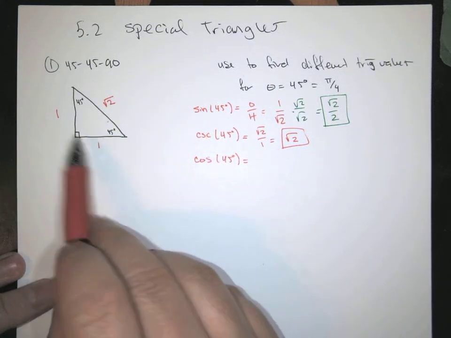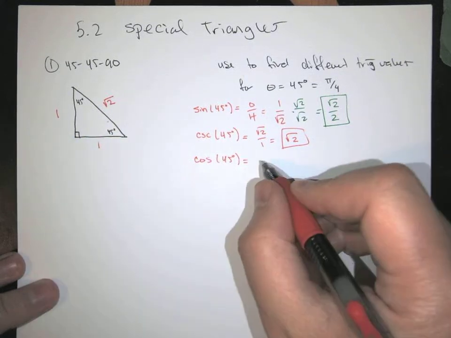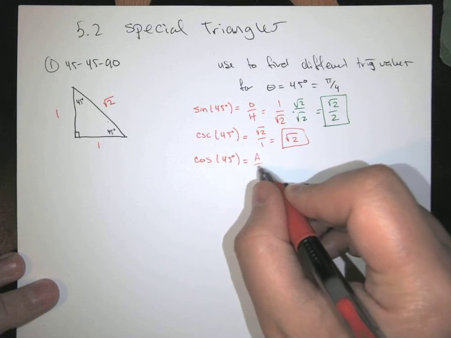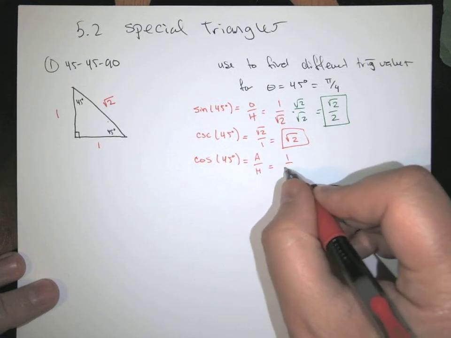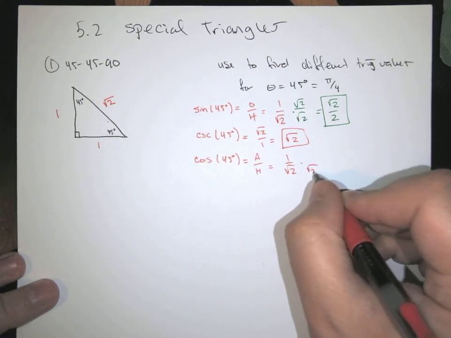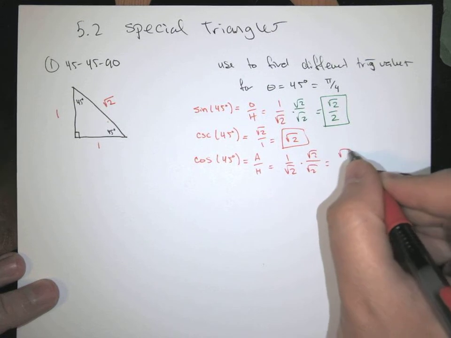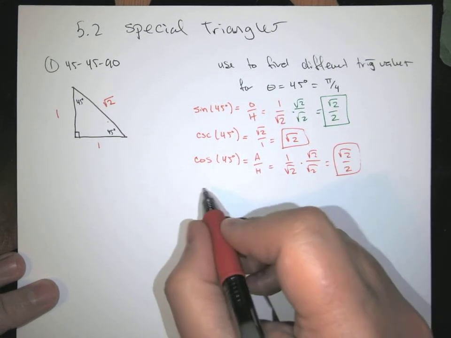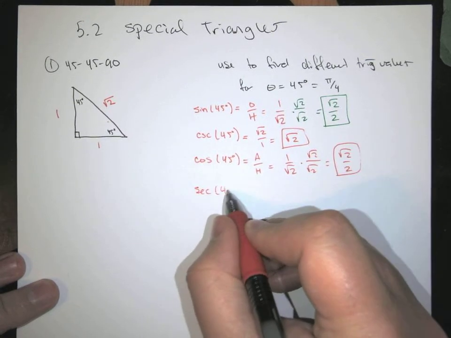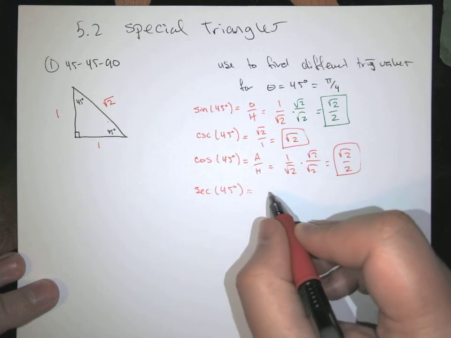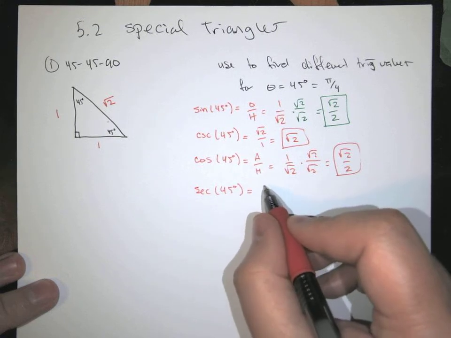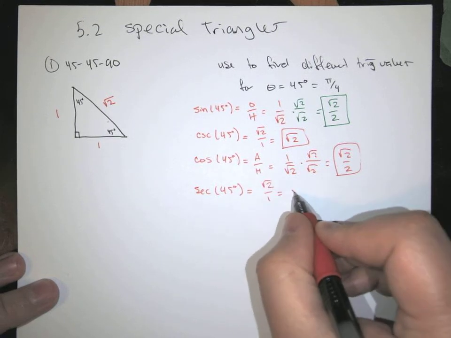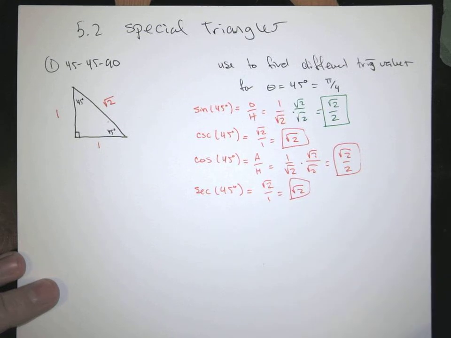The adjacent and the opposite again have the same length. So we're going to get 1 over root 2 again. We kind of know already what's going to happen. That should be root 2 over 2. And then if we flip it and do a secant, we're going to get root 2 over 1, which is just going to be a root 2 again, right?